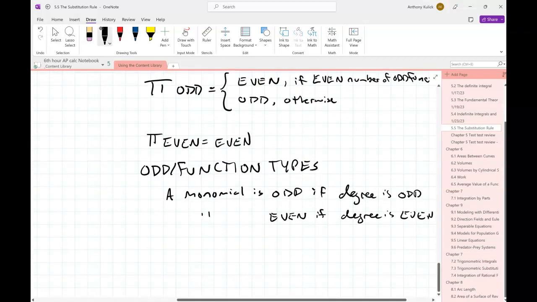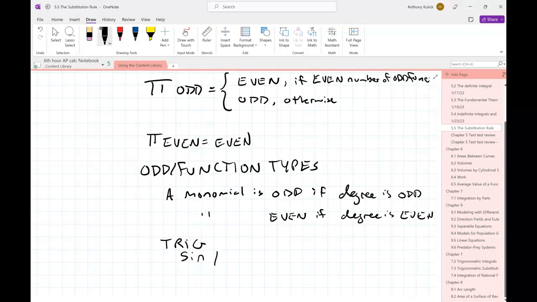Okay. Trigs. Sine and tangent are odd. Cosine is even. And so that also would extend to the reciprocals, right? So cosecant and cotangent also odd.